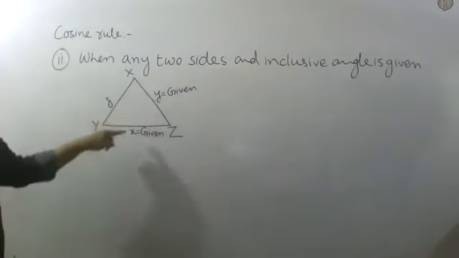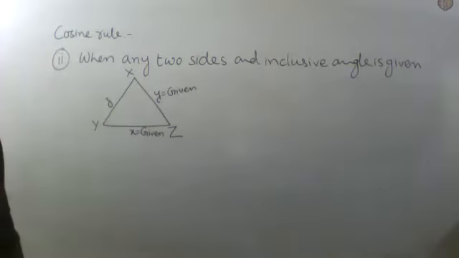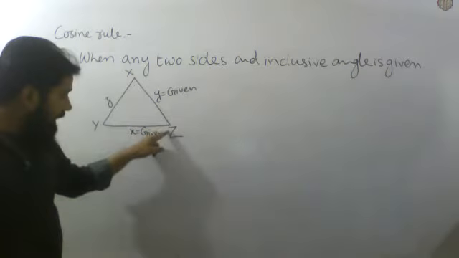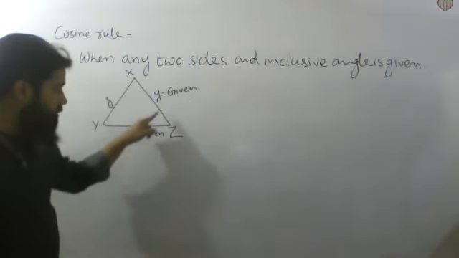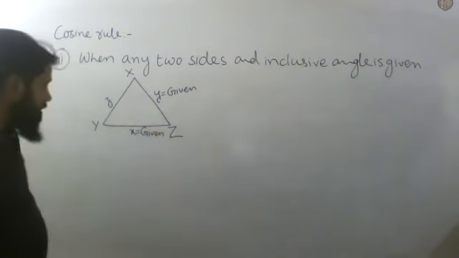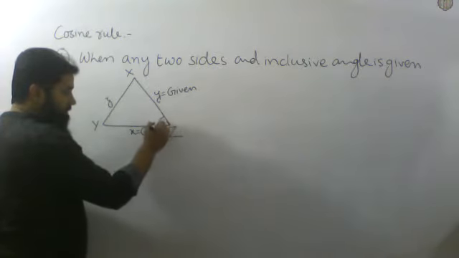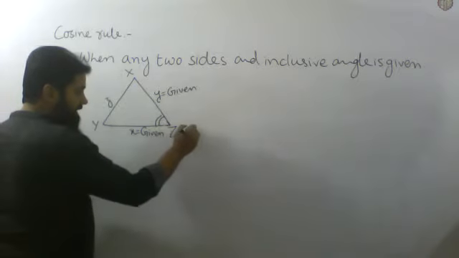So any two sides are given, and inclusive angle means what? Inclusive angle means the angle which is coming at the intersection of these two lines which are given. So where these two lines are meeting, we have got Z, and Z is given to us.